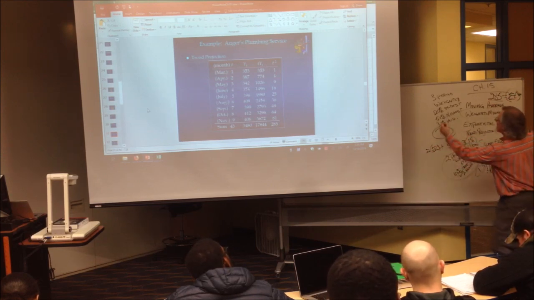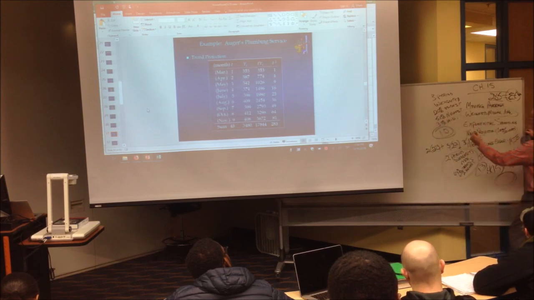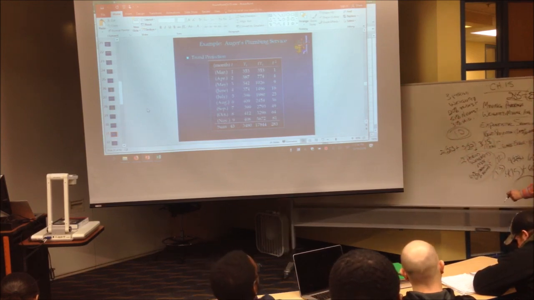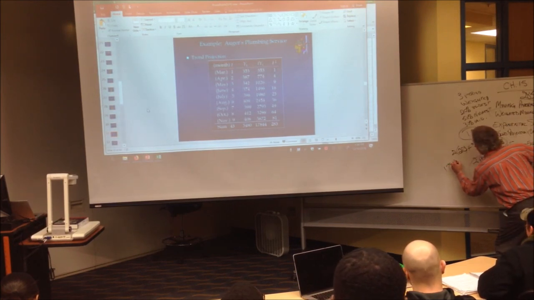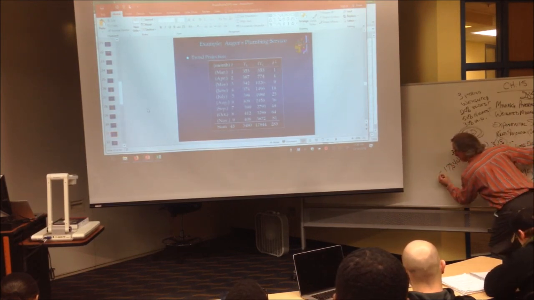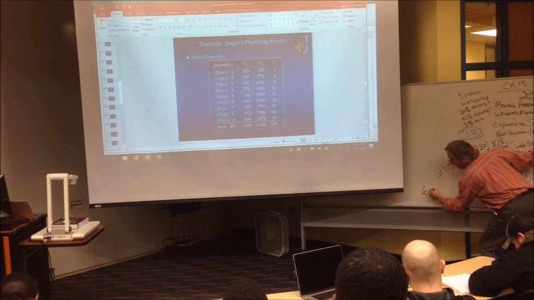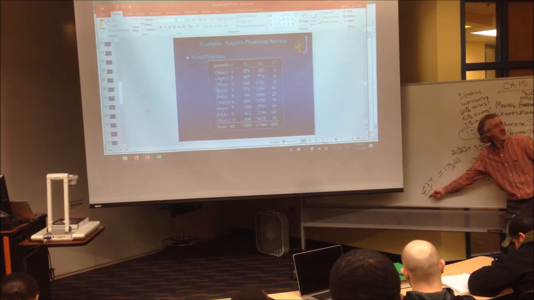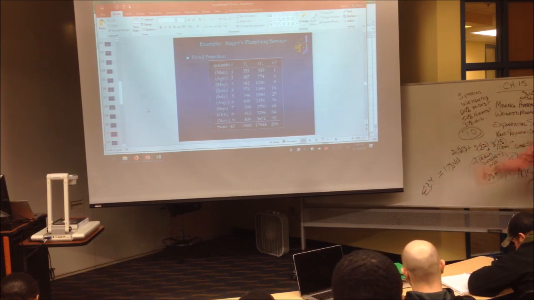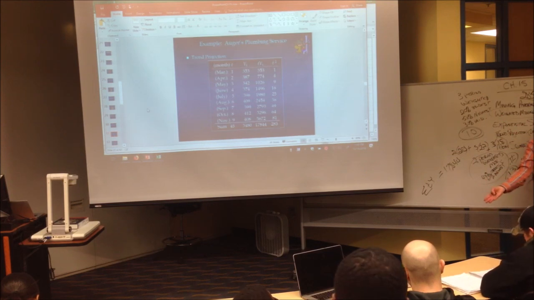Let's look at that 17,000, we have to put it somewhere, fit it here. 17,844. This is equal to the sum of T times Y. This little symbol, sum of, means it's adding that whole column, just whatever that column adds up to.